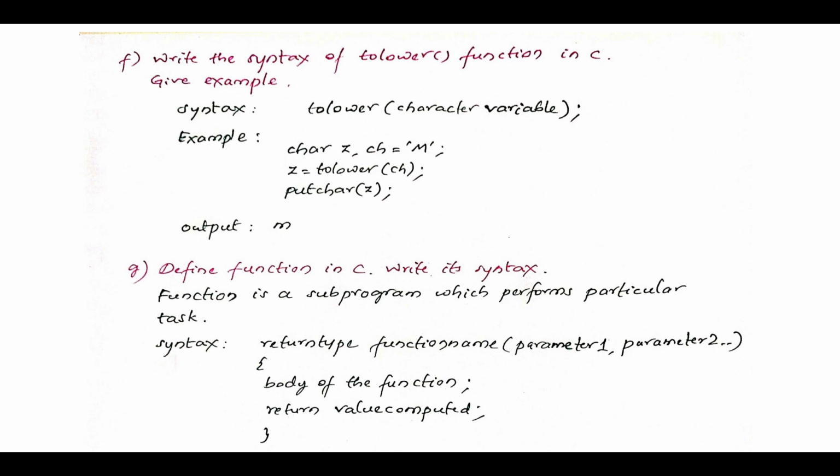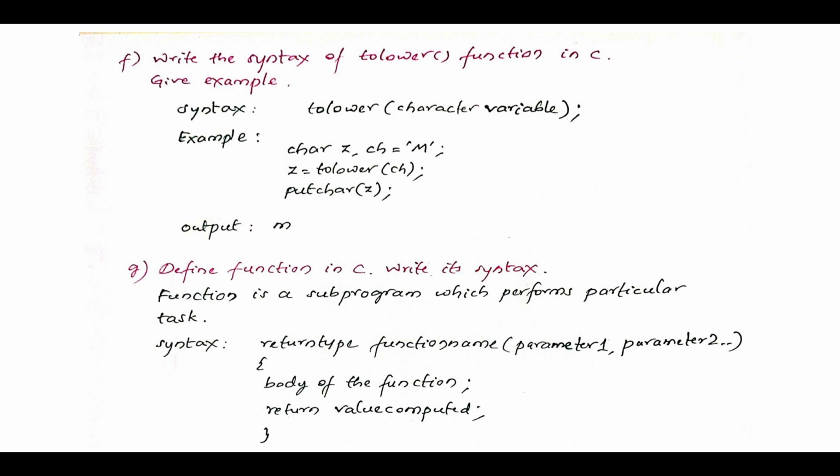Next question is, write the syntax of toLower function in C and give example. toLower is one of the character handling functions, and the syntax is you write toLower in small letters, and inside the bracket you give the character variable, which converts the character stored in the variable to the lower case letter.